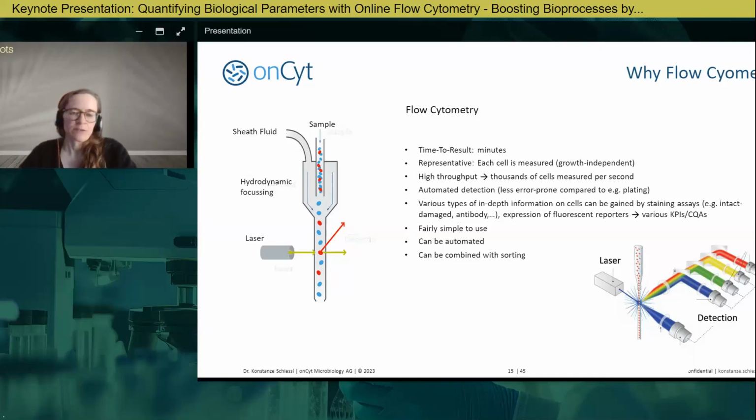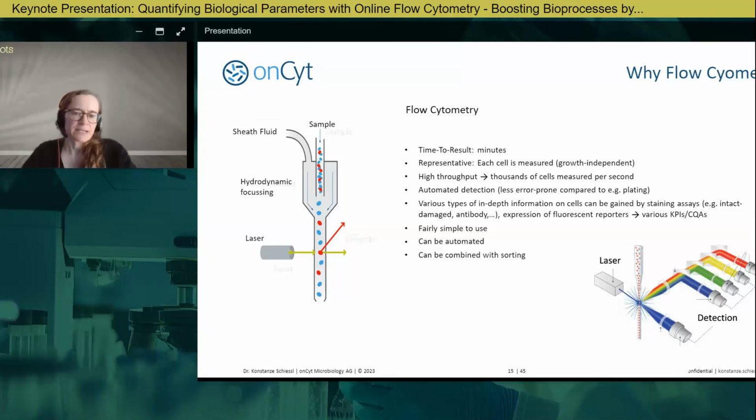So I don't fully understand the physics of it, but in the end, you have your sample stream and it's guided into a core of a fluid, which is called the sheath fluid, which is in the end just super clean water. And then the cells interact with this sheath. And then in the end, what happens is that in a very thin channel, really the cells are separated physically. So you have one cell flowing after the other.